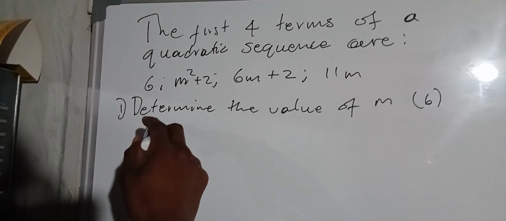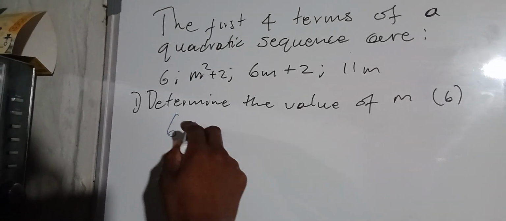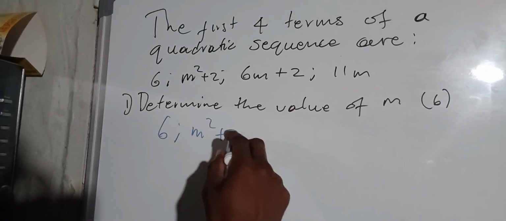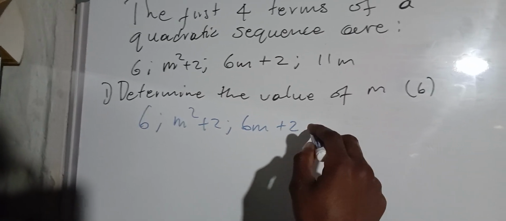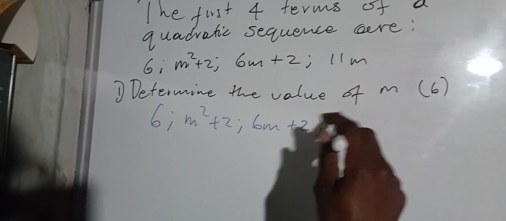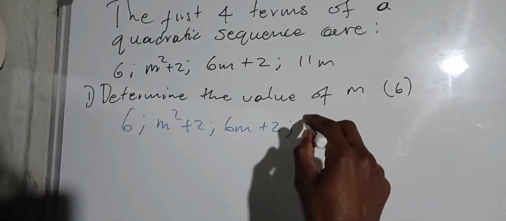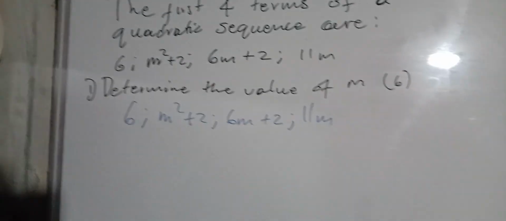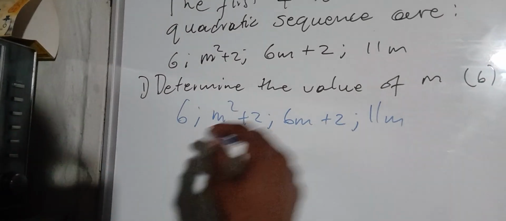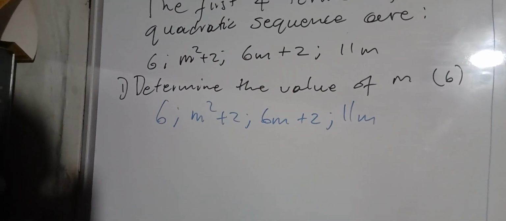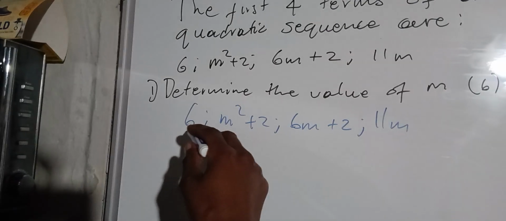So we have 6m squared plus 2, 6m plus 2, 11m. It is said that this is a quadratic pattern, so we know a quadratic pattern has a common second difference.